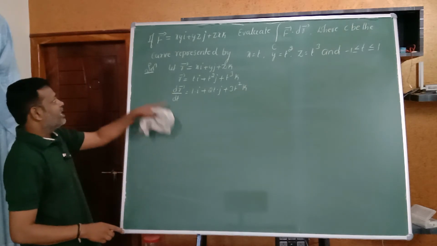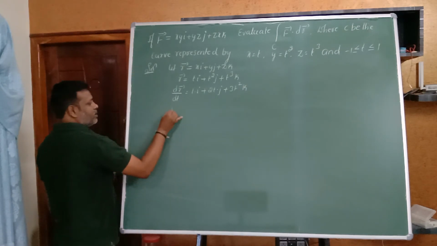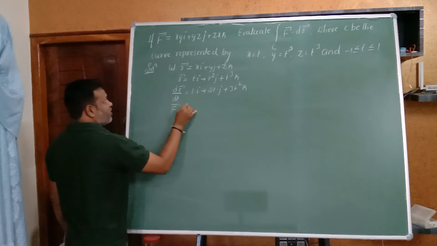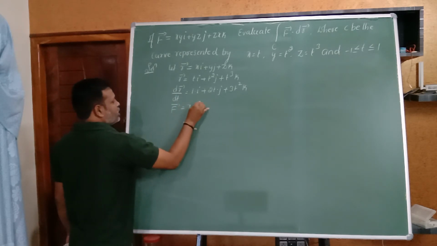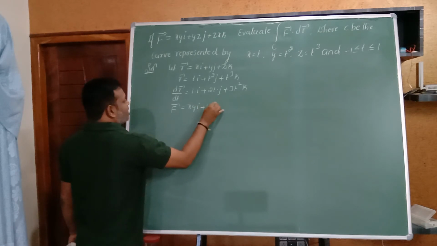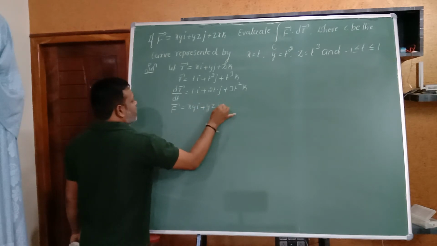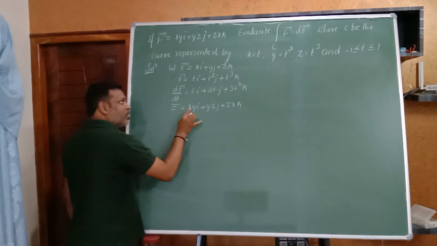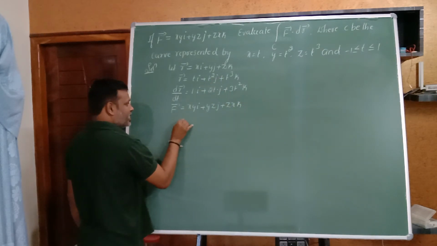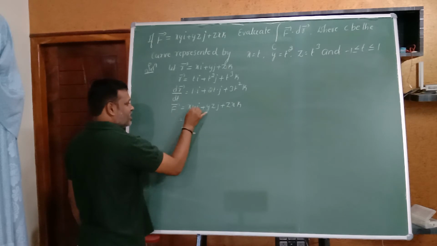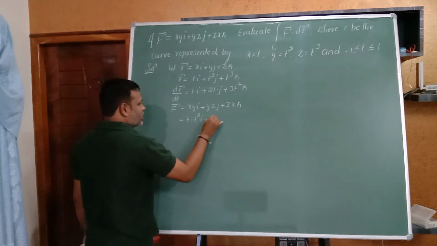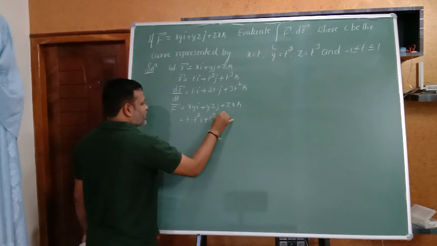After getting dr by dt, write down the F function. Why F function? We want F dot dr by dt. F is given as xy into i plus yz into j plus zx into k. Now slowly replace the values of x, y, z: x is t, y is t square, z is t cube.